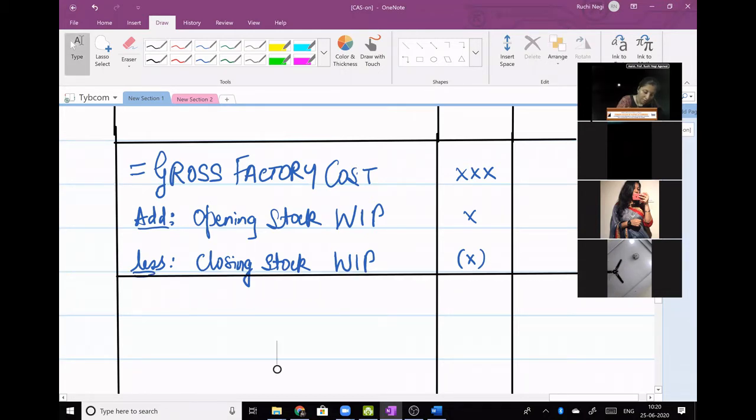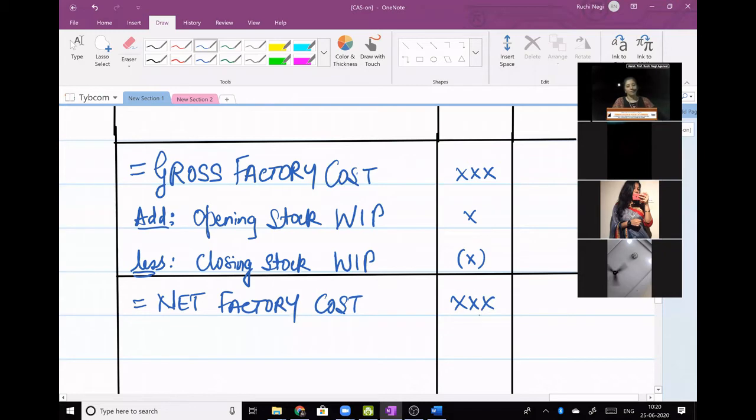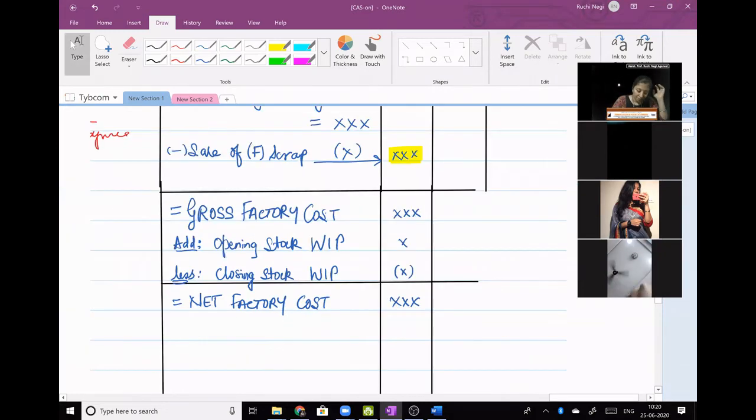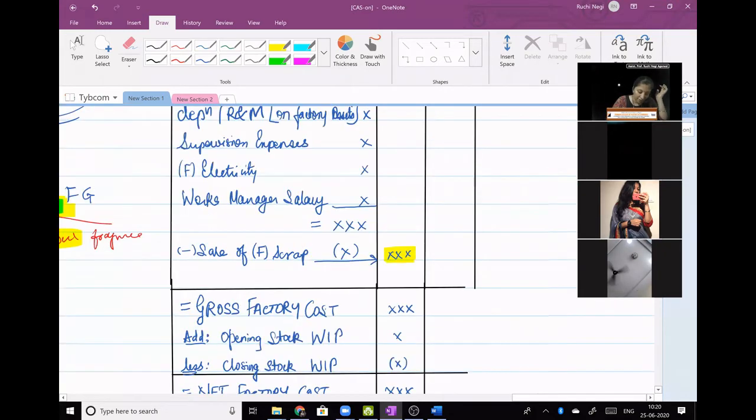This is called net factory cost. So is it clear till here?